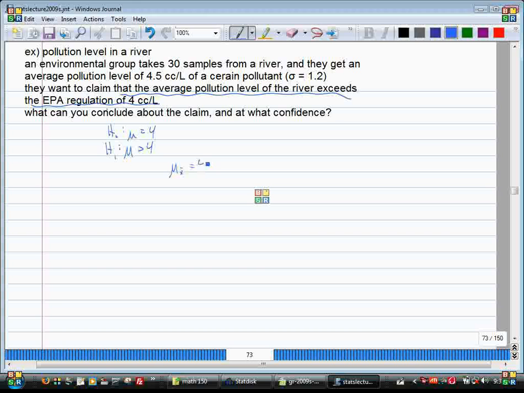What is 4.5? Let's write this down. Is 4.5 the average for the population? No. What is it? 4.5 is the average from the sample. So in notation, what is that called?